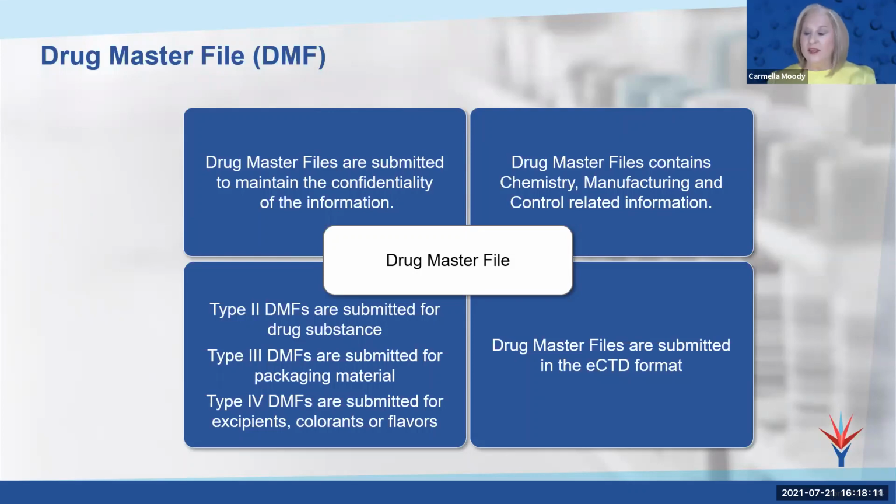And they will then look at that information relative to how that material fits into your manufacturing process. So don't just assume that because you get a drug master file number from a vendor that means anything about acceptability, because it doesn't.